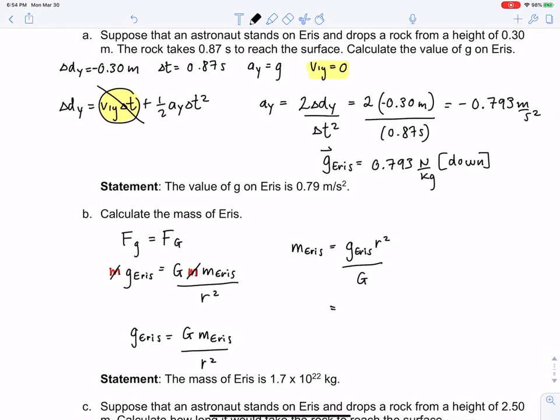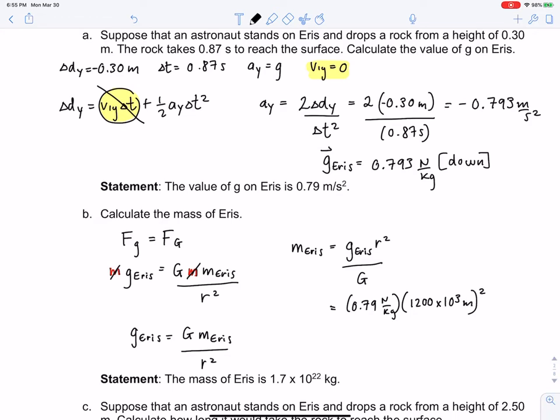Let's sub these values in. We have 0.79 newtons per kilogram times a radius of 1,200 kilometers, which is 1,200 times 10 to the power of 3 meters.